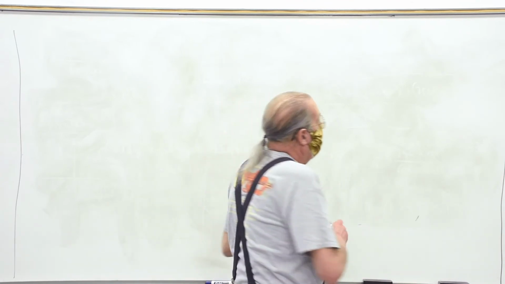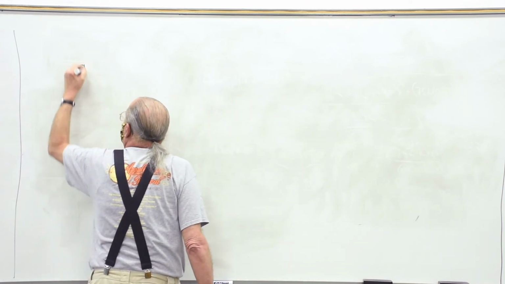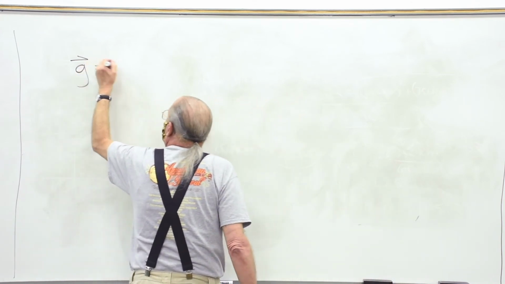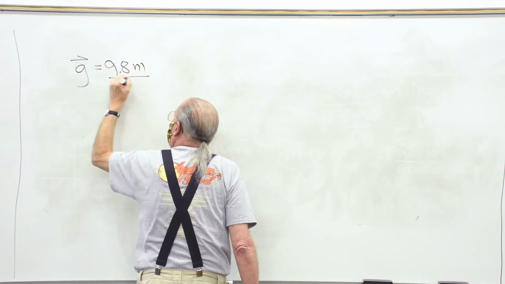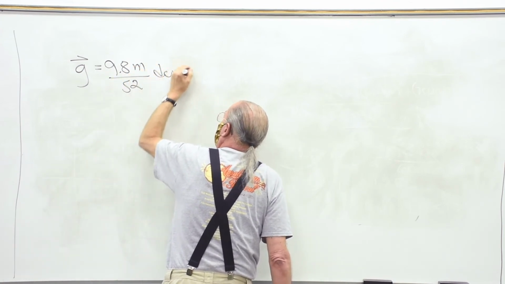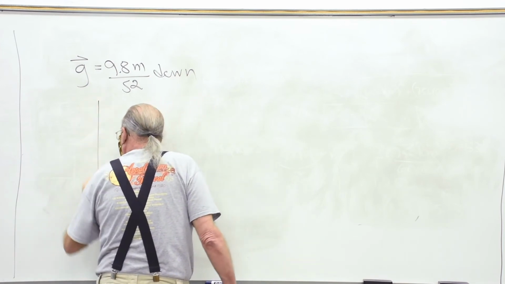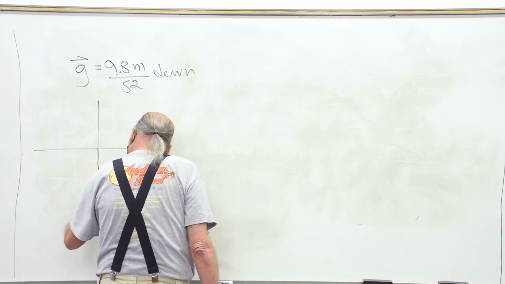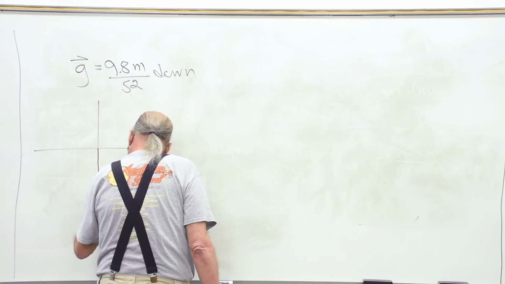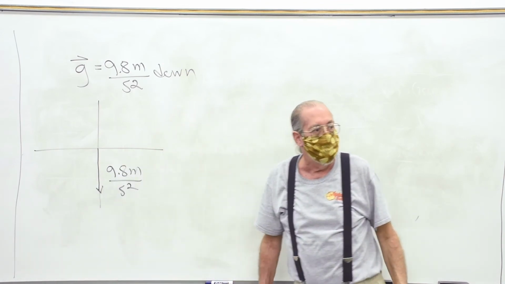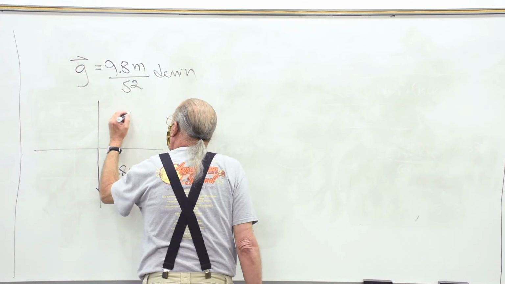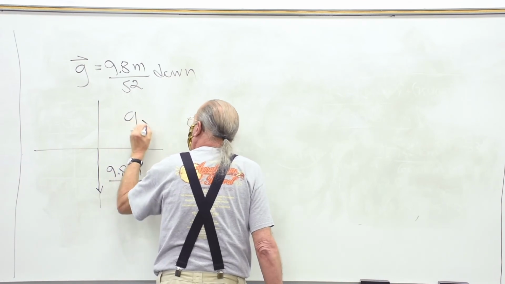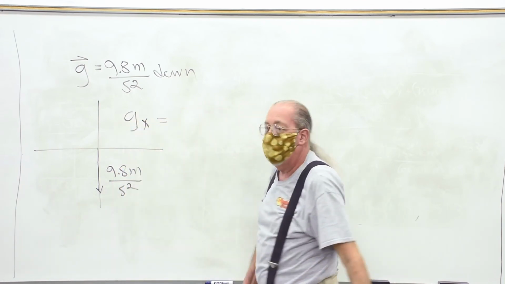All right. The acceleration due to gravity. Now notice the difference. Now it's got a vector over it. So I'm going to draw that baby. Okay? What I want to get at is, what is the x component of that vector?